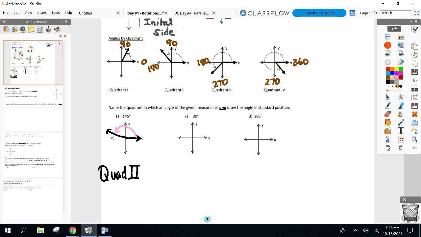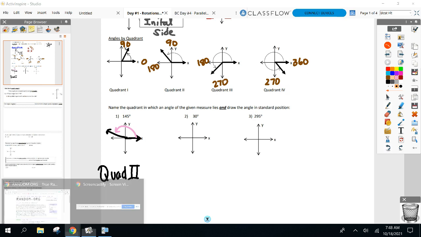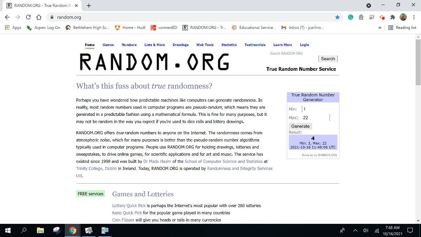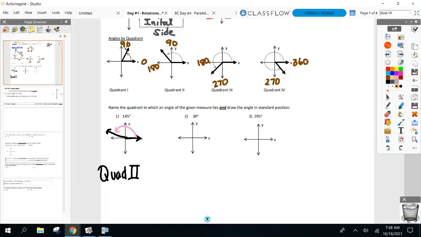What about 30 degrees? Here we go, 30. What quadrant am I in? Let's roll. I'm not going to take any of these today. Sorry, guys. Lauren, what quadrant am I in? First quadrant, yep. Am I closer to 0 or closer to 90 for 30?